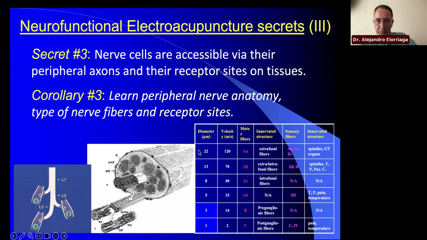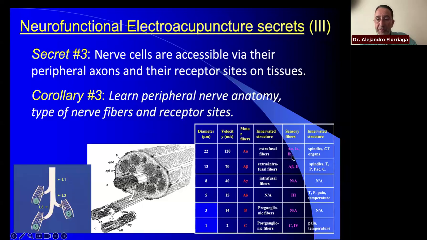So the thickest fibers, about 22 micrometers, are able to conduct 120 meters per second, which is a very fast speed. And obviously, these type of fibers on the motor side are the normal motor neurons because the body needs to activate the muscles quickly, fast.